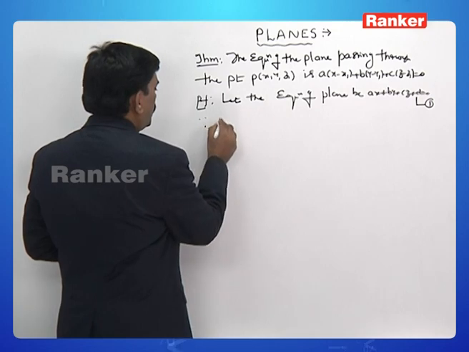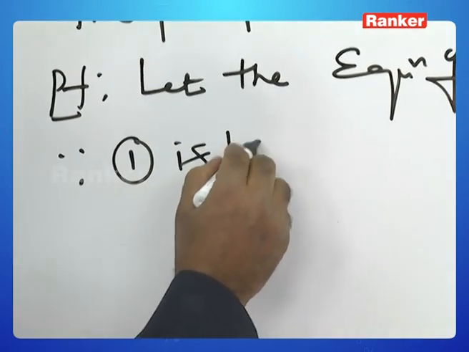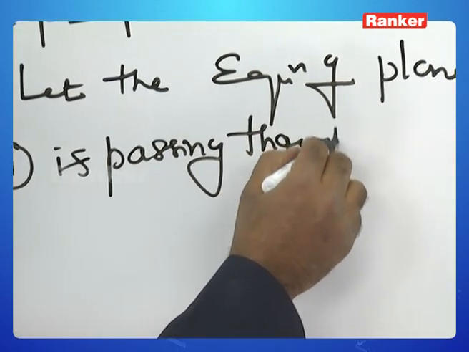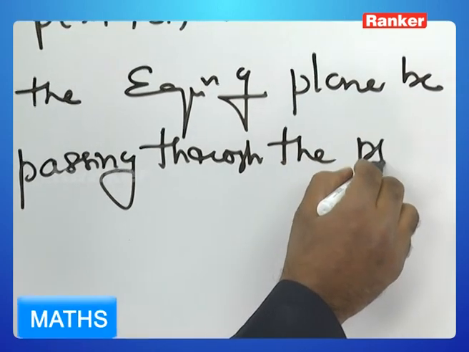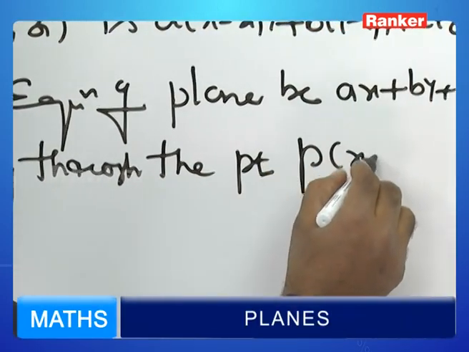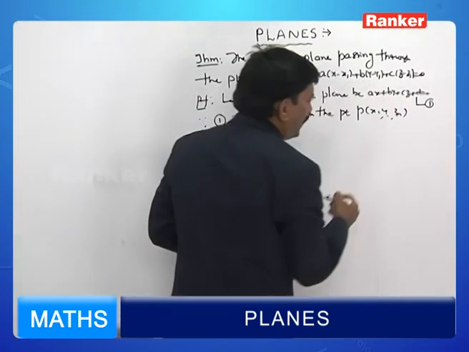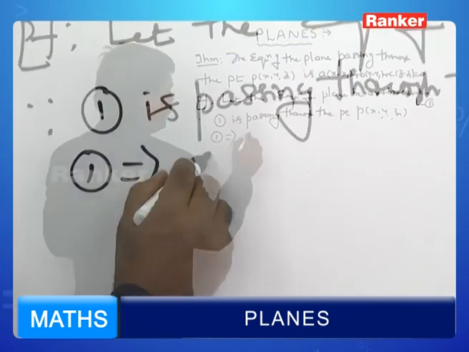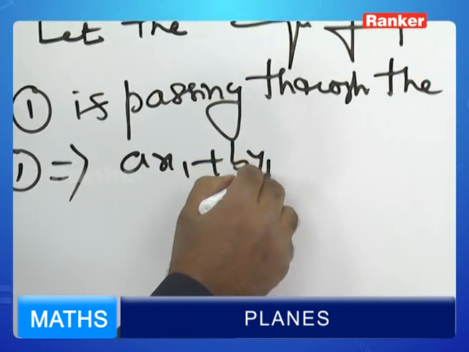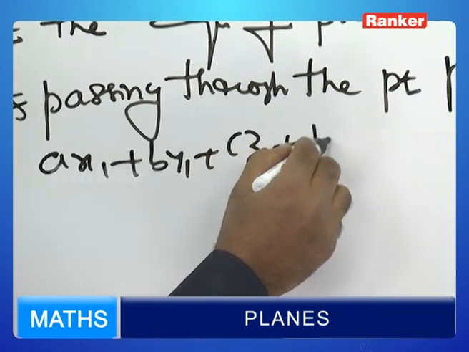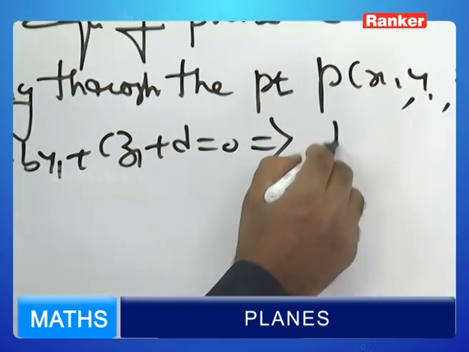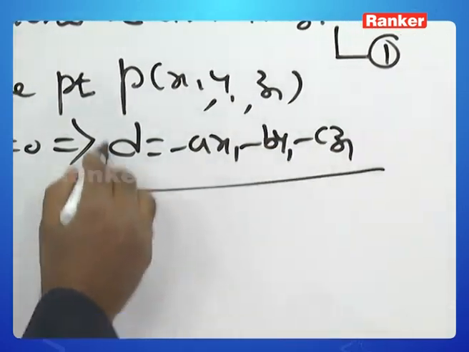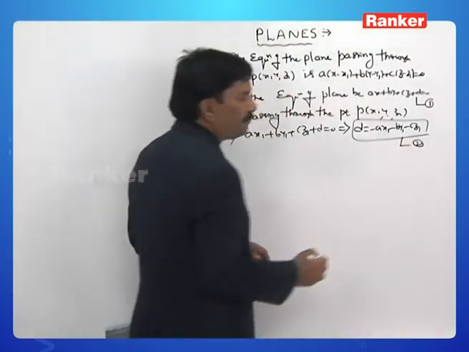Now, since 1 is passing through the point P of x1, y1, z1, therefore 1 implies ax1 plus by1 plus cz1 plus d is equal to 0. Therefore, d is equal to minus ax1 minus by1 minus cz1. You call it as 2.